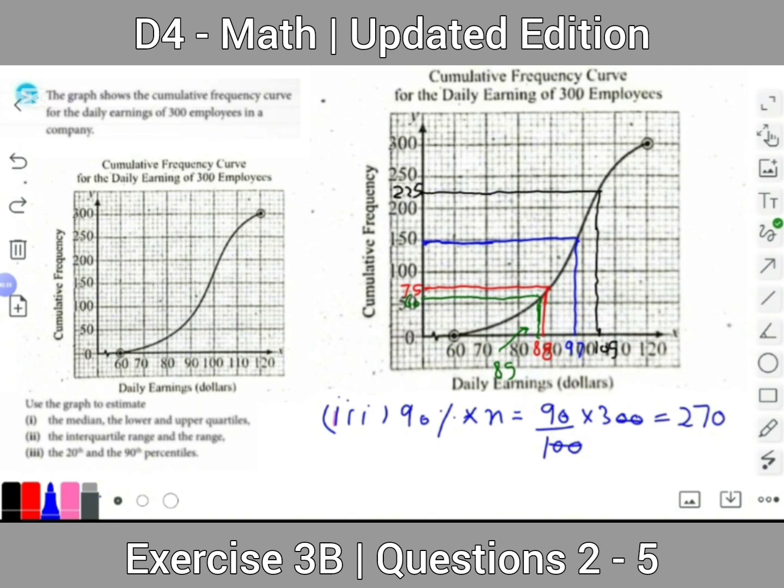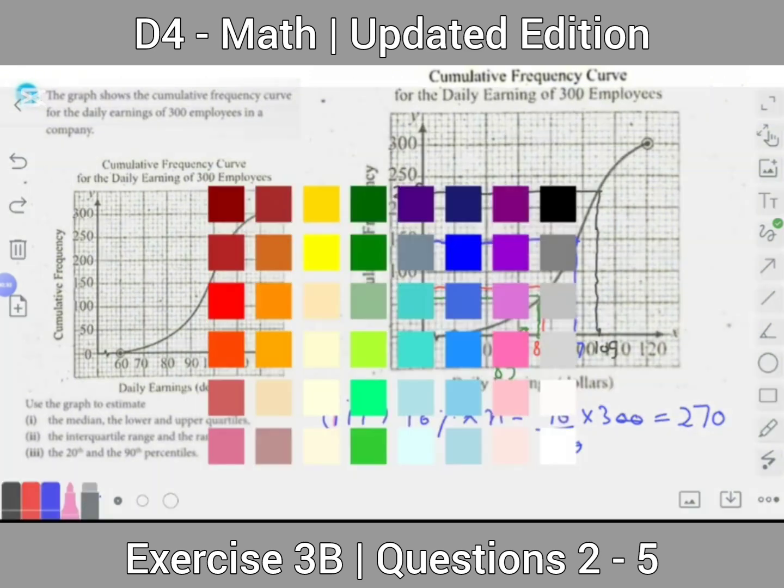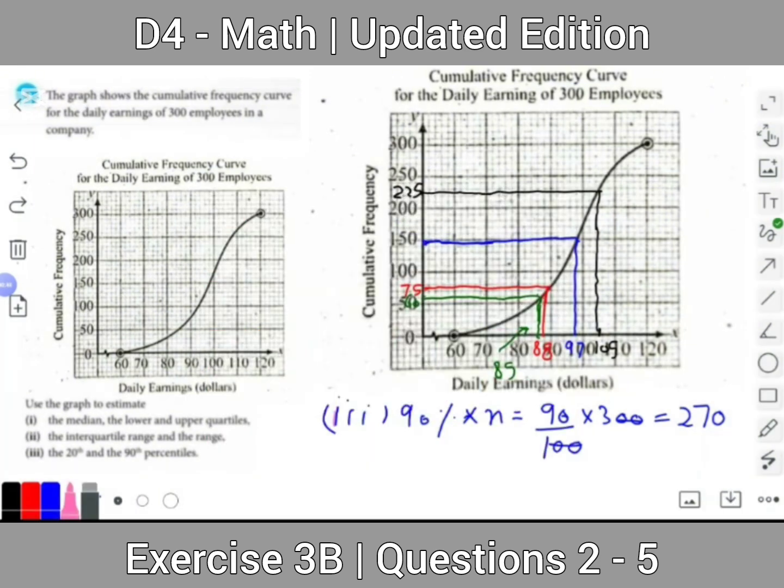Now from the curve, we will look for the data value corresponding to the cumulative frequency of 270. So here we have 250, 260 and somewhere here 270.